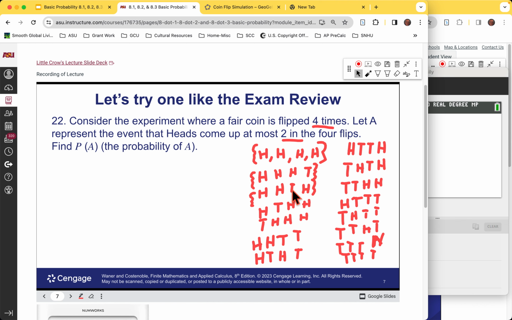So there's 1, 2, 3, 4, 5, 6, 7, 8, 9, 10, 11, 12, 13, 14, 15. I feel like I probably missed something. 2 things for each: 2 times 2 times 2 times 2 should get 16. I'm missing which one? Tails, head, head, tails.